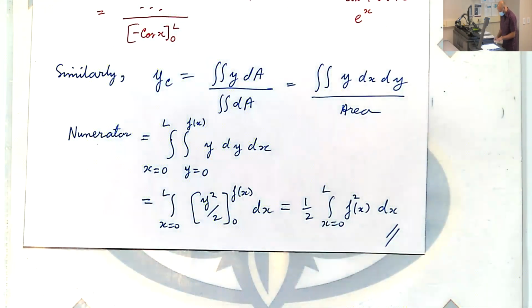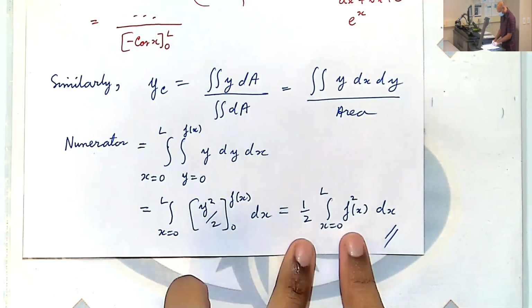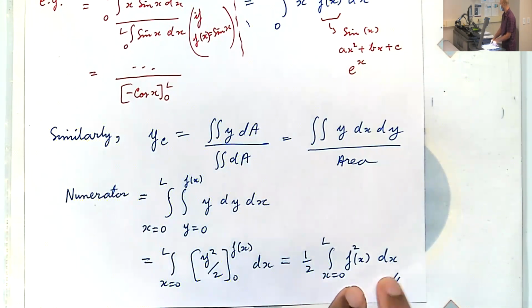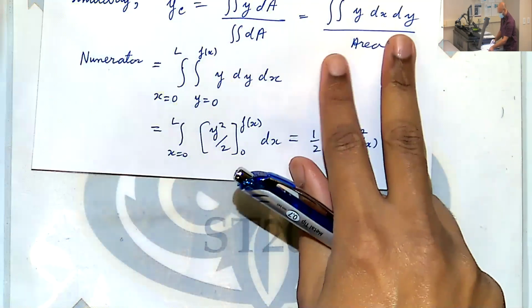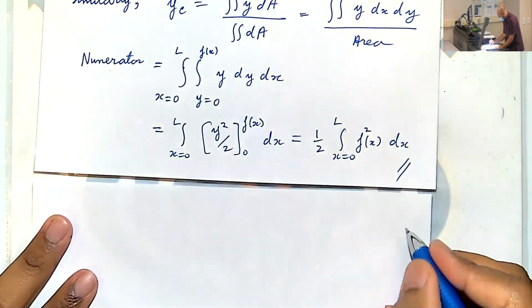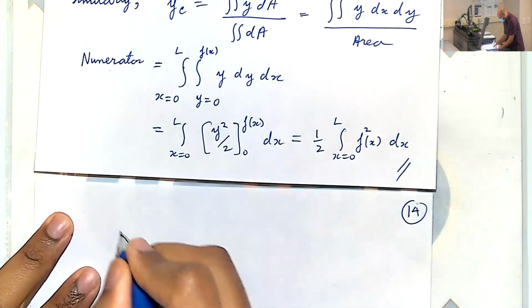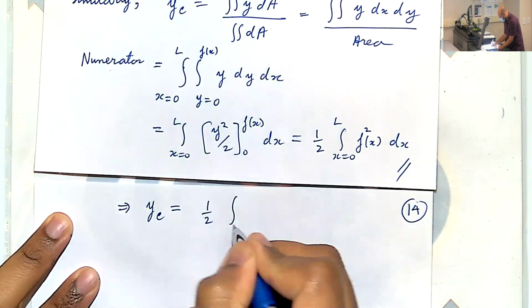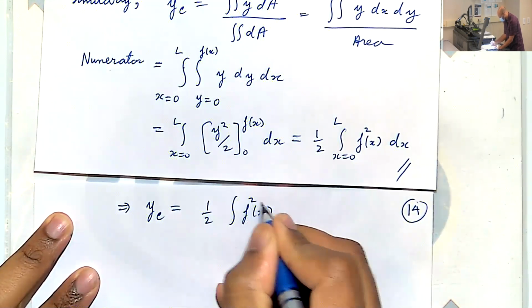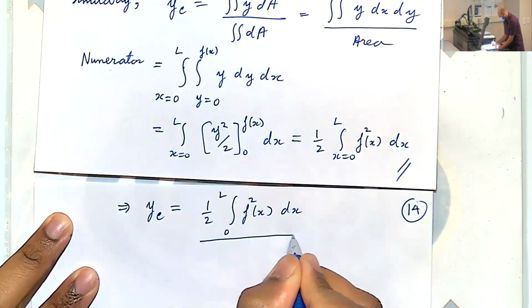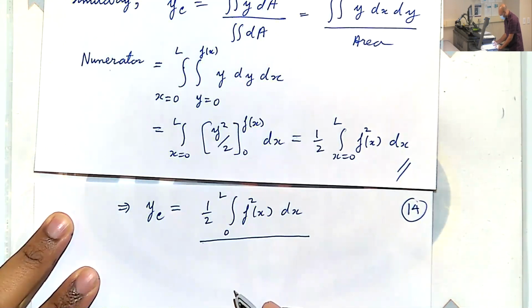Okay, so that's basically it. Now we have our formula for yc. We have the numerator, we have the area from before. So yc is 1/2 the integral of f of x squared dx, 0 to L, divided by the integral from 0 to L of f of x dx.